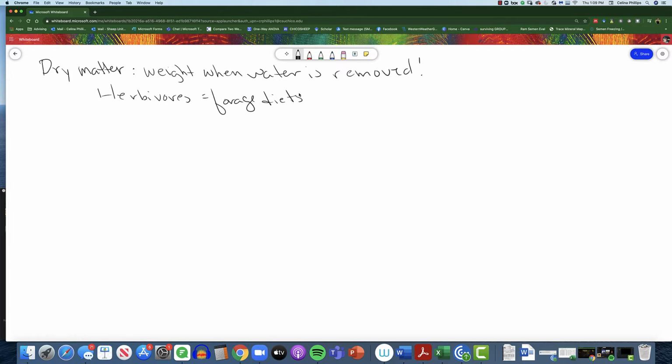It can range from hay, which is about 10% water or 90% dry matter, to silages that are about 65 to 70% water, leaving only about 35% dry matter. And so feeds can vary from one extreme to another.